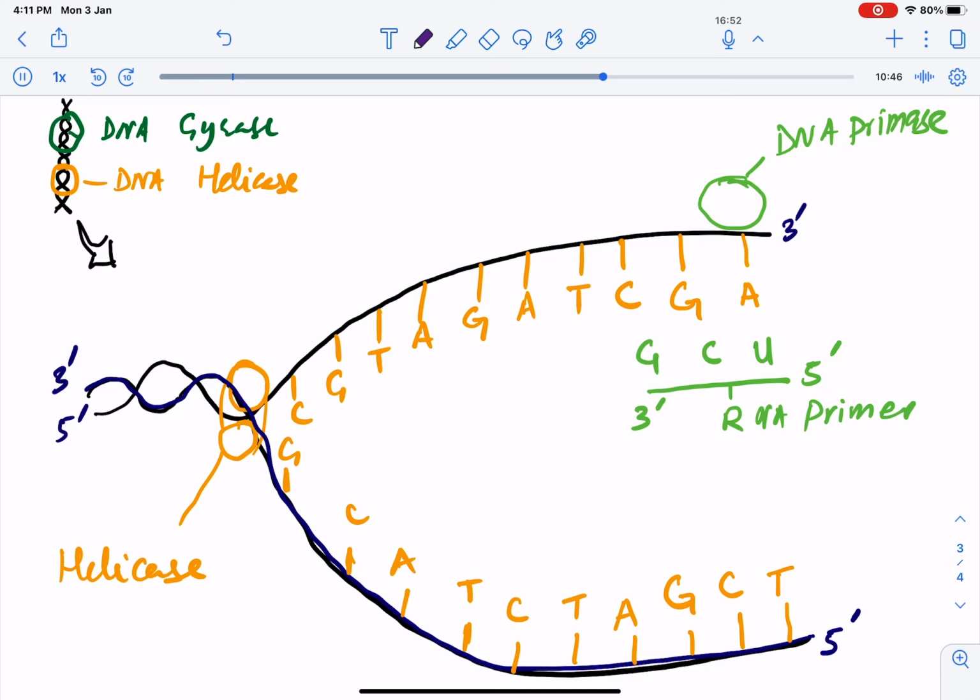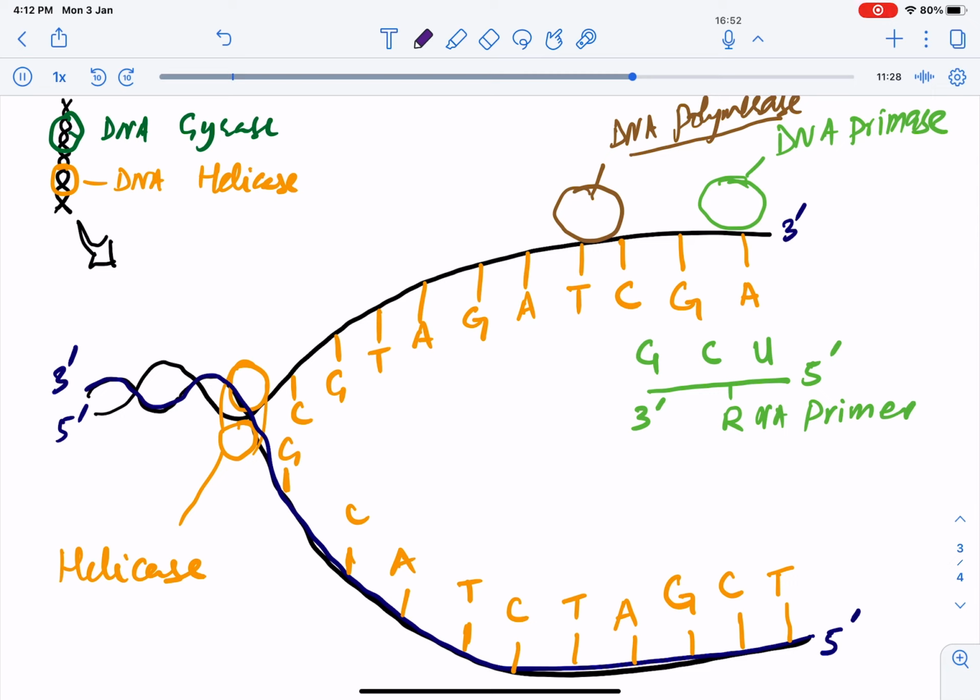After this primer has been attached with this DNA single strand, another enzyme, DNA polymerase, attaches with this single strand of DNA, and attaches free nucleotides with this chain of primer on 3' end.